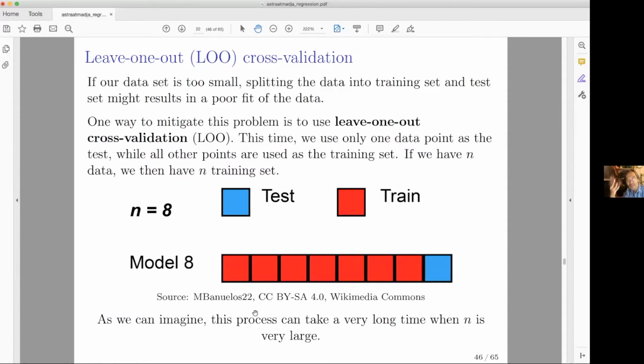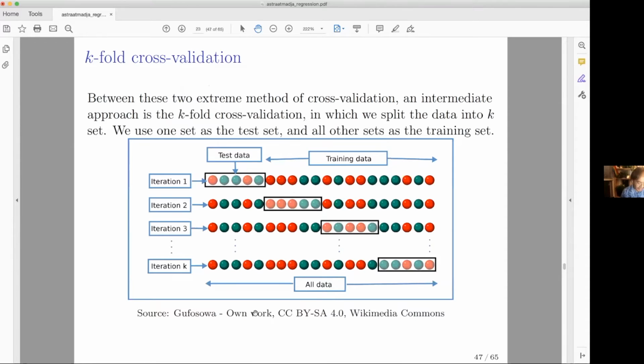So if you have 10 models, that means 10,000 calculations. And the parameters can be quite many. So we can take something in between.